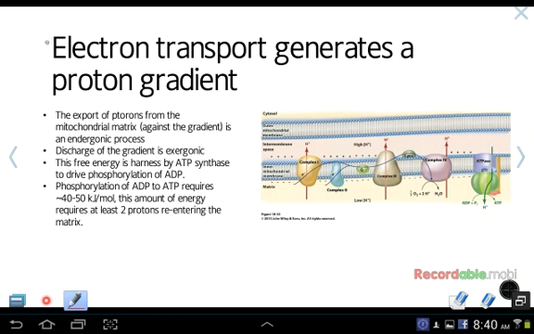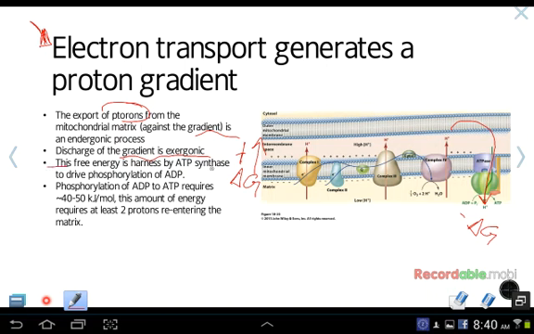So electron transport is what actually generates the proton gradient. So the export of protons from the mitochondrial matrix against the gradient is an endergonic process. Remember, we already talked about that. We require delta G, or we require energy in order to drive this process. The discharge of the gradient is exergonic. Okay, so we get a negative delta G as protons cross back into the matrix through ATPase.